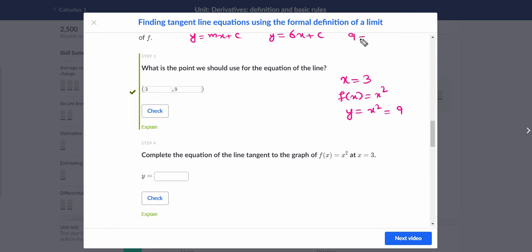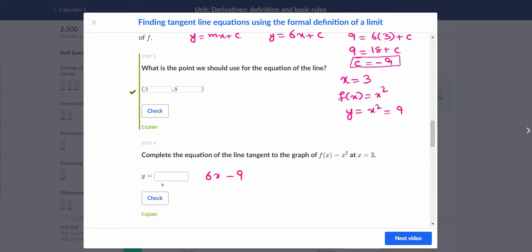So it will become 9 equals 6 times 3 plus c, so 9 equals 18 plus c. So my c will become equal to 9 minus 18, that will be equal to negative 9. So my y-intercept will become equal to negative 9 and the gradient will become equal to 6. So the equation will become y equals 6x minus 9.